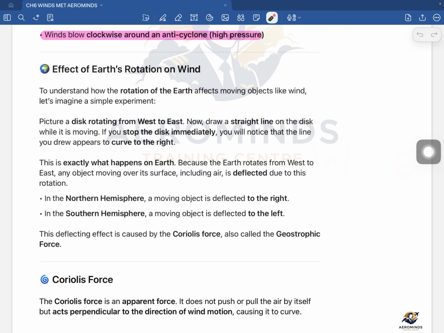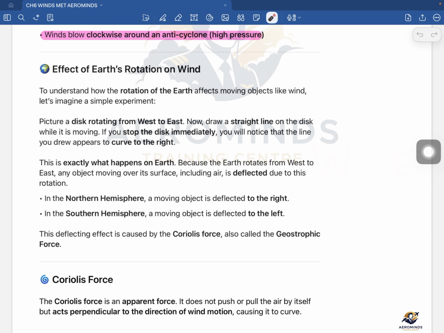And now imagine you're holding a pen and you try to draw a straight line from the center of the disc to the outer edge while the disc is rotating. Okay, now you try your best to draw the straight line. Now suddenly the disc stops rotating, and you look at the line you have drawn. What you will notice is that the line will not be straight anymore, it will appear to be curved.